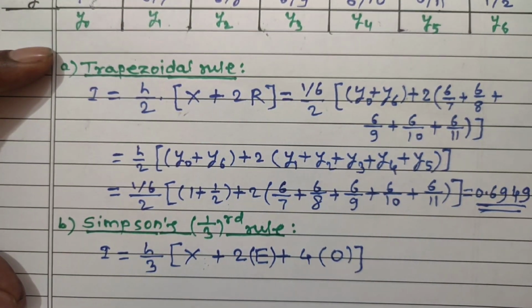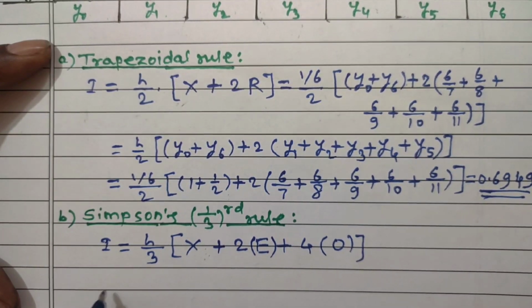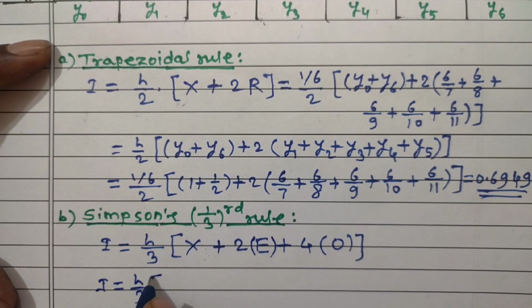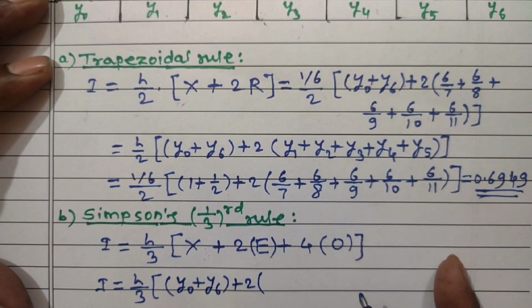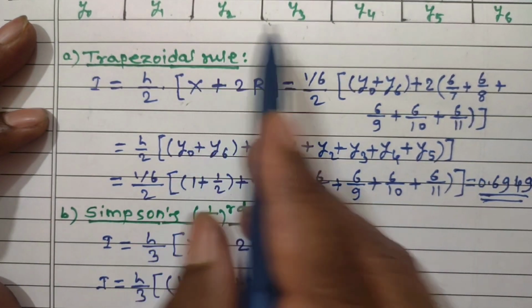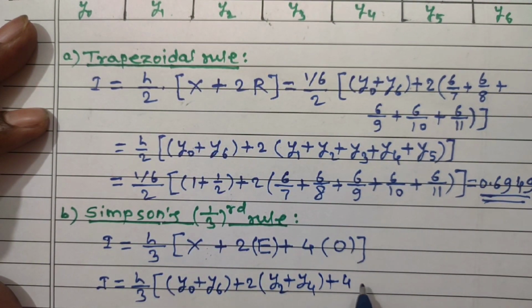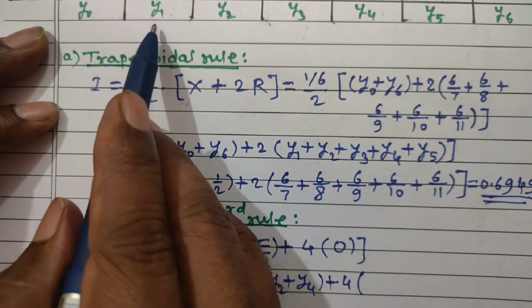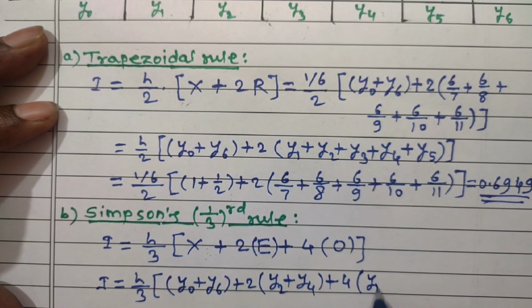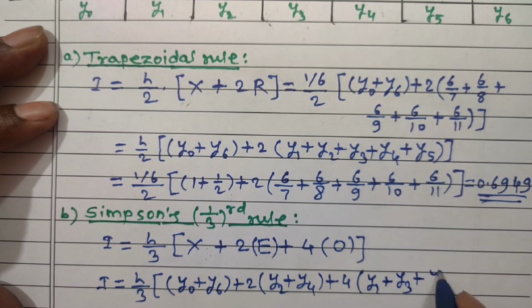So hence I is equal to h upon 3 into bracket y0 plus y6 plus 2 times ordinates with even suffixes, y2 and y4, plus 4 times ordinates with odd suffixes, that means y1 plus y3 plus y5.